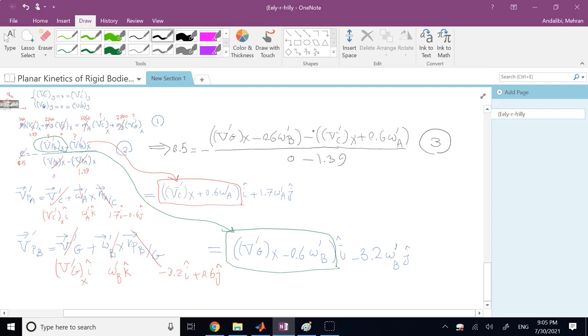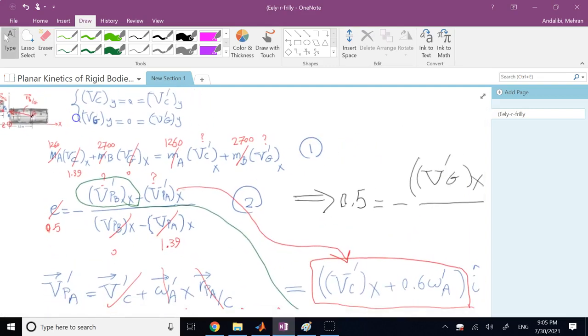Where do they come from? So if you look, equation 1 is conservation of linear momentum. But when you have rigid bodies like this, you can write equations about angular momentum. What about angular momentum?